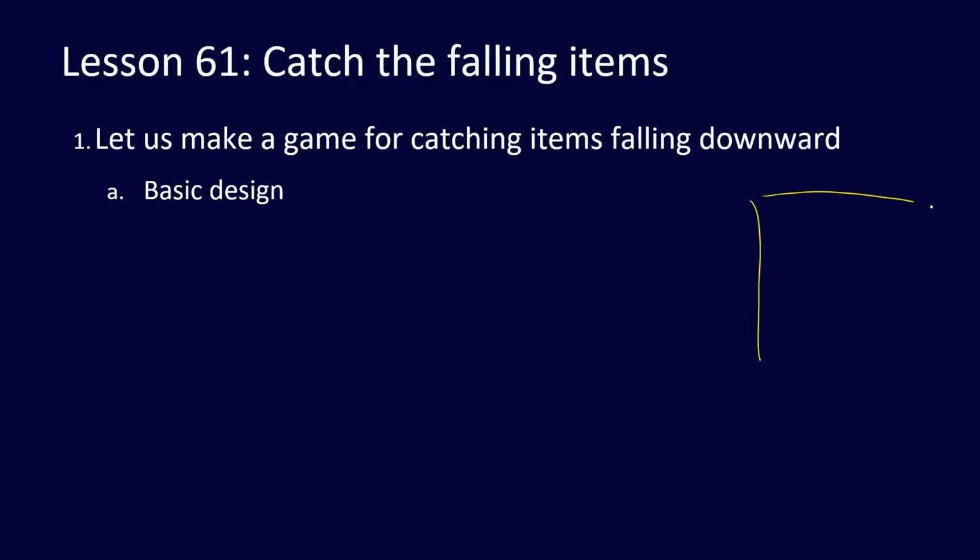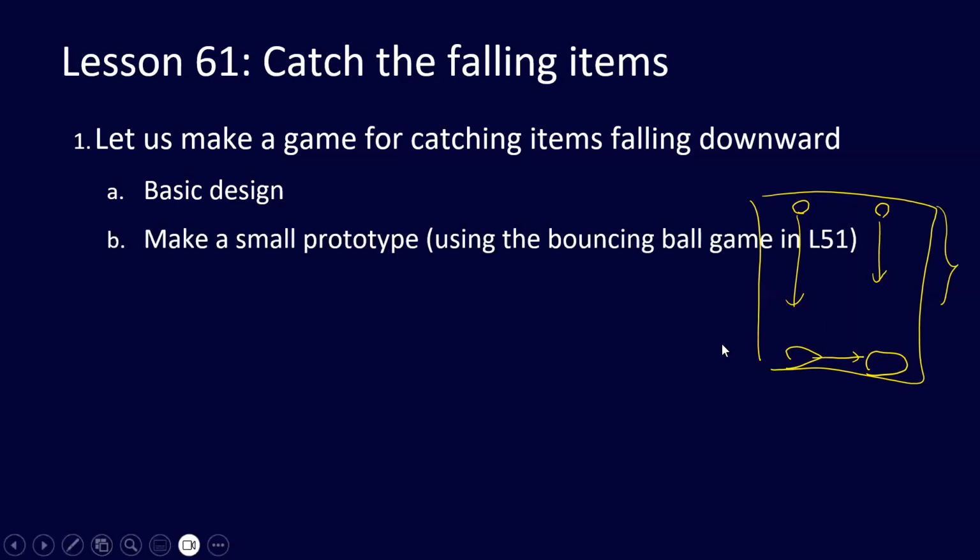It will be very simple: a ball coming down, and we try to catch it by moving a basket or board or something like that. Today we're going to start from the bouncing ball game, which we made in lesson 51, and make a small prototype of falling balls.